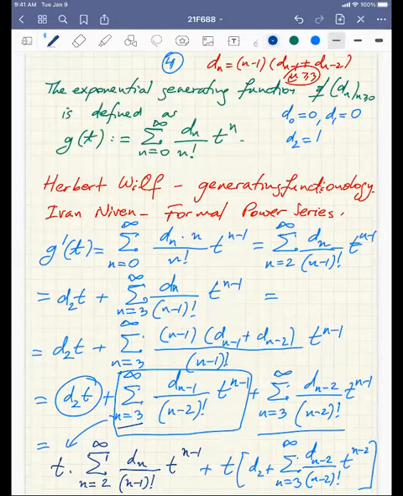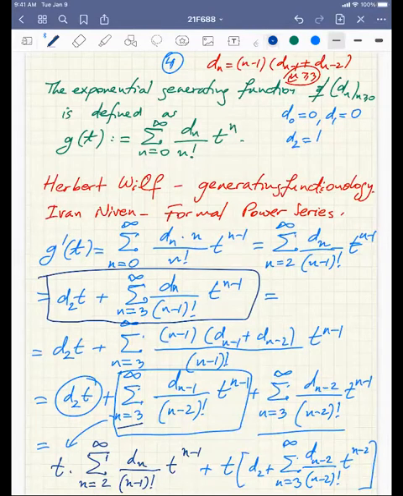Now, on the left-hand side, we have t times the sum from n equals 2 to infinity of d_n over (n-1) factorial t^(n-1), which is exactly this sum over here. So this sum here equals g prime of t.